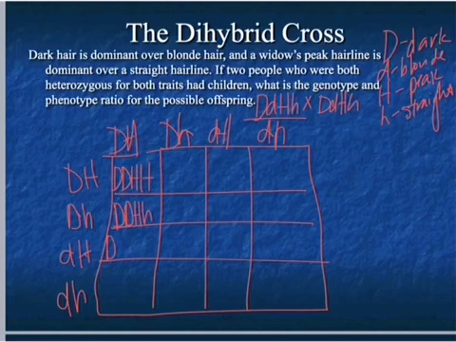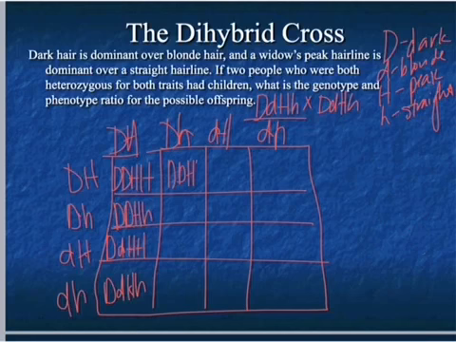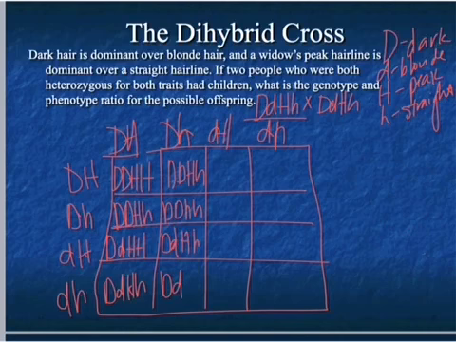The big thing about this problem is keeping yourself organized from the very beginning, because it is going to be a lot of letters and it's going to be a lot to count through. So you really want to take your time and make sure that you're carefully filling in that Punnett square. And it does just take some time.